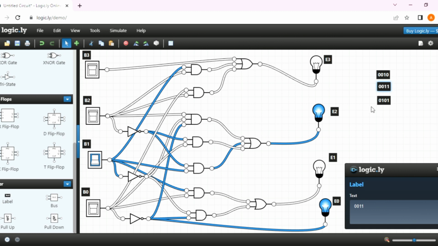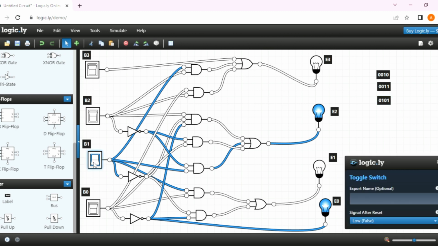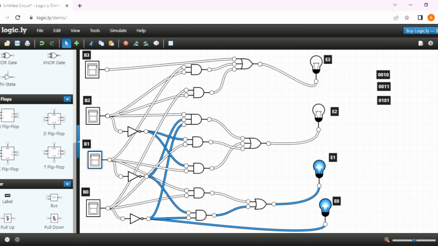It gives the XS3 code of 2 as 0101. So let's verify this with this circuit diagram. 0010, first bit 0, second bit 0, third bit 1, fourth bit 0, the output is 0101. So the circuit diagram of BCD to XS3 code has been verified.